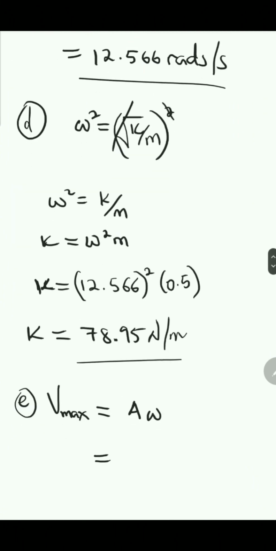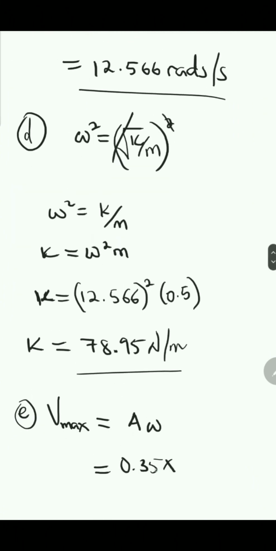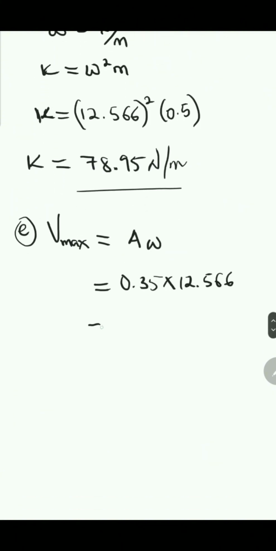We need to change this to meters since these are the SI units. When we divide, we get 0.35 multiplied by the angular frequency, which is 12.566. Then when we do everything, we get 4.4 meters per second as the answer.